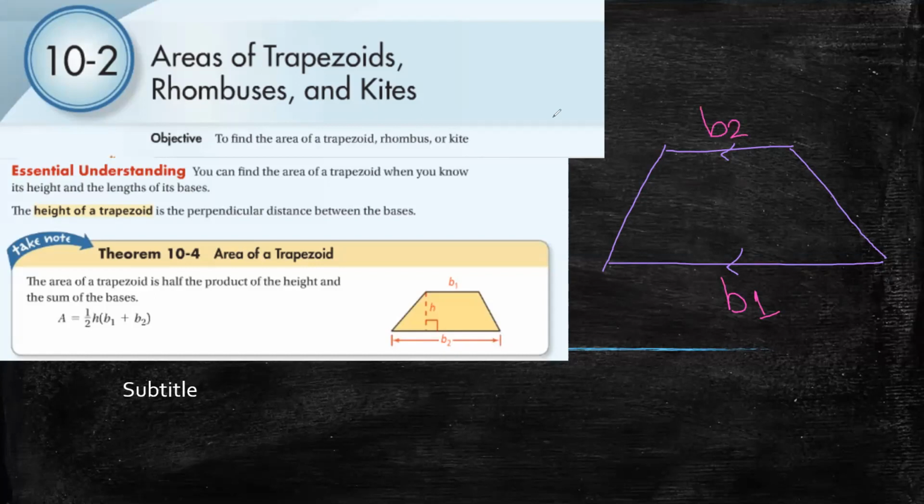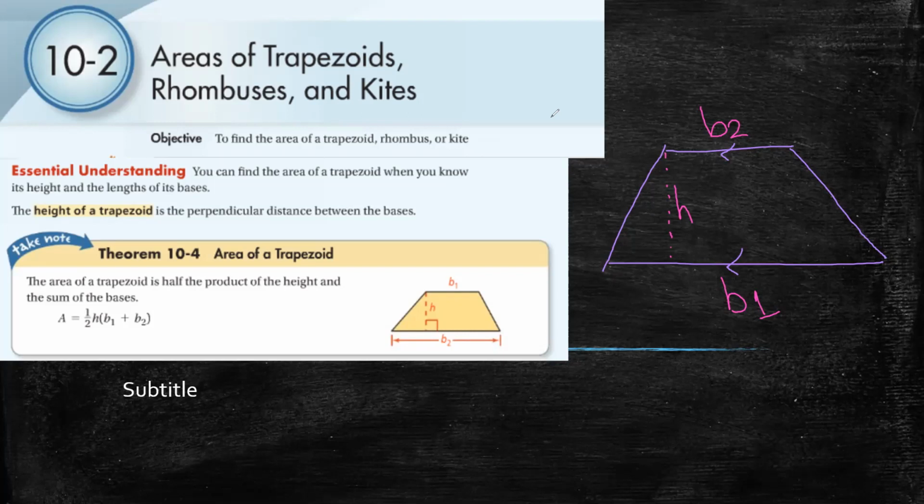So here we have two bases, and if you connect between these two bases with an altitude, the length of this altitude is the height. So if I want to find the area of the trapezoid, I need the length of the first and the second base, and also I need a height.